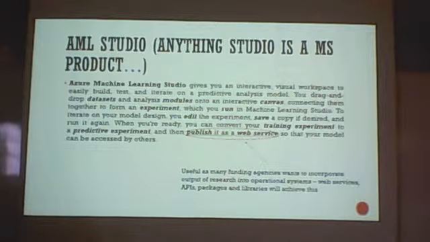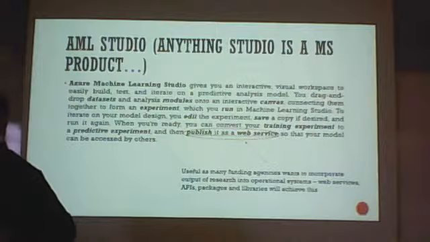Yeah. And you drag and drop what? Data sets, modules, right, into a canvas, and then you form an experiment, which you then run in your studio. Okay, and then you can edit the experiment, save it, change the parameters and all that. Then, once that is done, you convert it into something known as a predictive experiment, right?